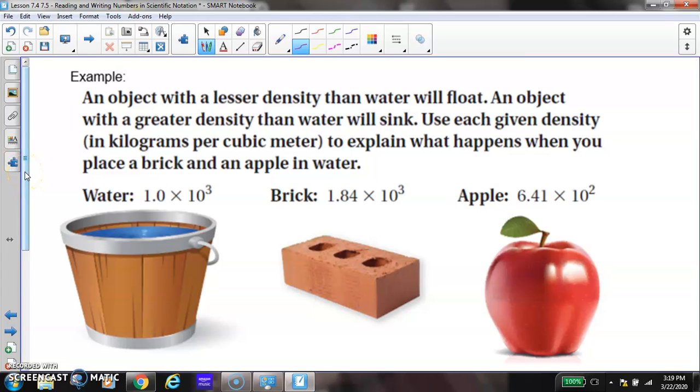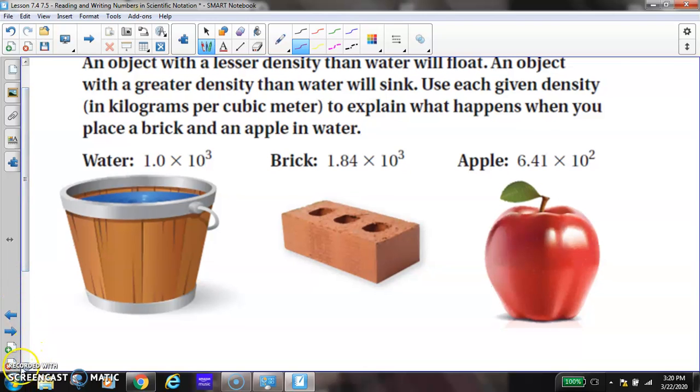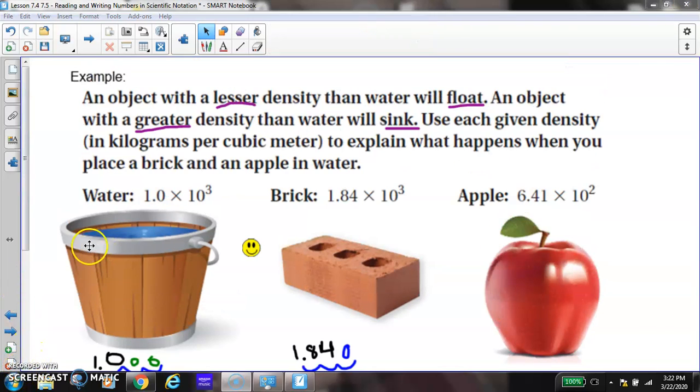Sounds silly enough, but what you're going to do right now is actually change all 3 of these numbers to standard form. And you're going to see, if you put a brick in water, is it going to sink or float? Okay? So let's do that right now. I'm going to pause the video and have you guys try out how to change each one of those to standard form.